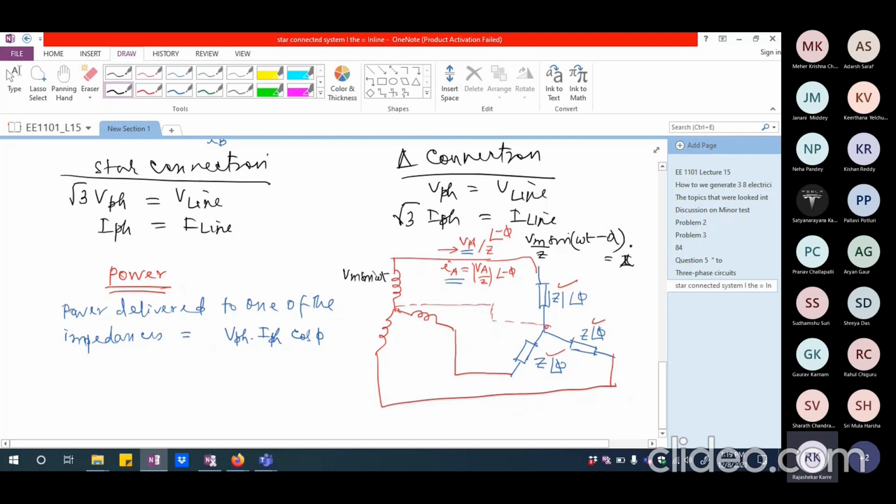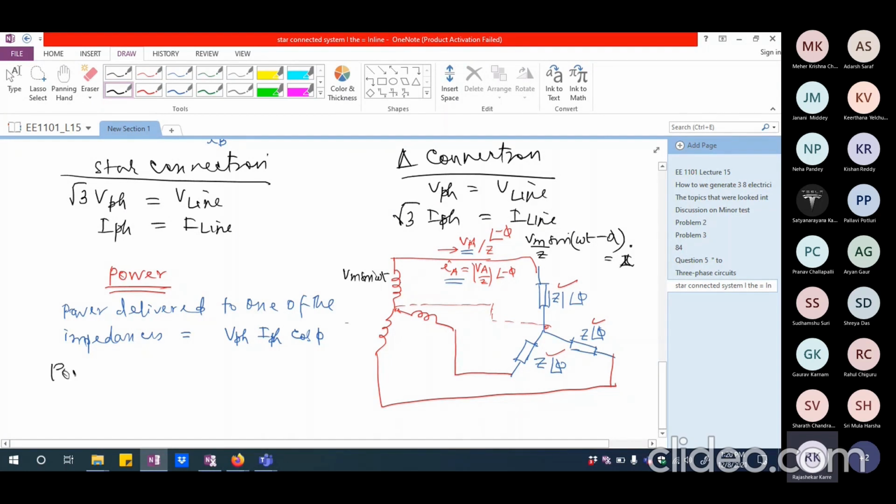So if I'm calculating the power, I should write this as whatever is the per phase value, which will be Vm divided by root 2, and this will be Vm divided by root 2 Z, that will be I phase, and cos phi. This is going to be power delivered to one of the impedances. So V phase, I phase, cos phi is going to be power delivered to one impedance.